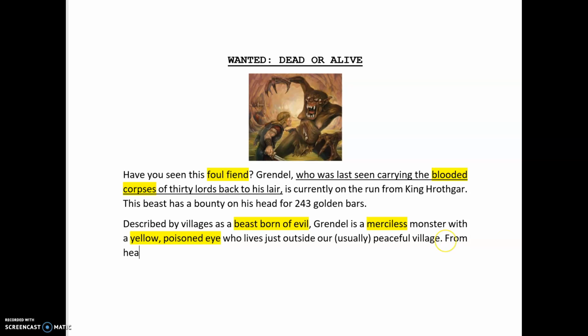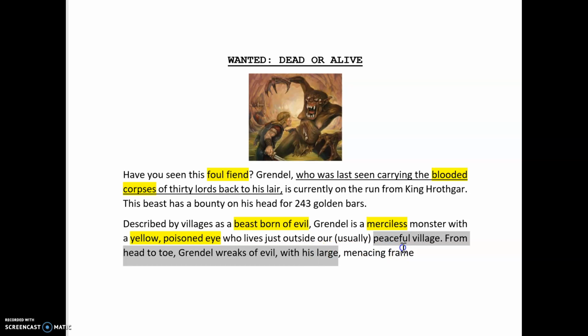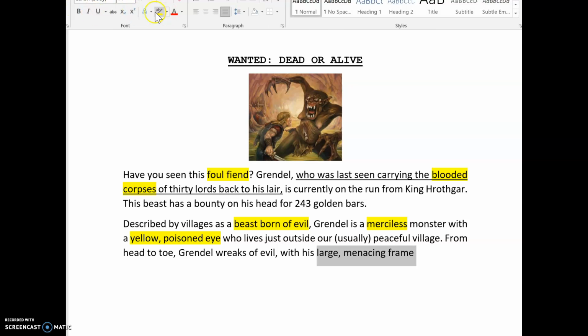From head to toe, Grendel reeks of evil with his large, menacing frame. That's another expanded noun phrase. We had one here: yellow poisoned eyes, large menacing frame. Remember, adjective, noun.